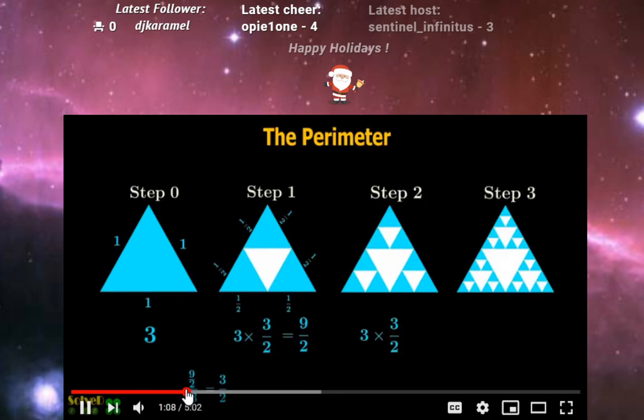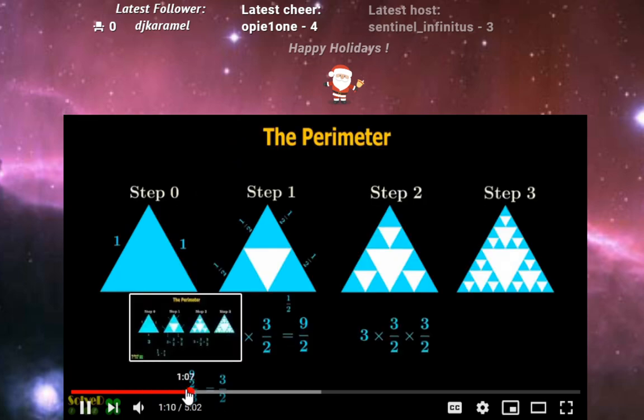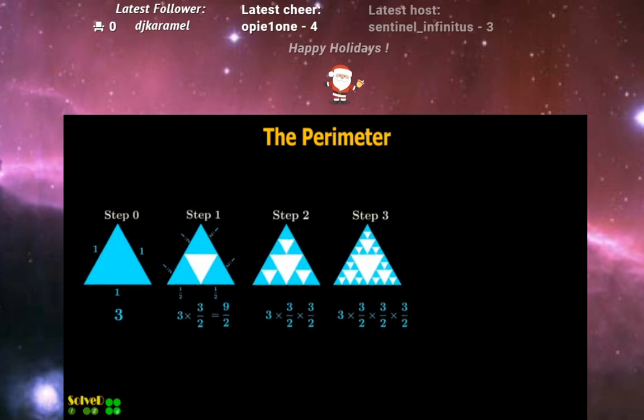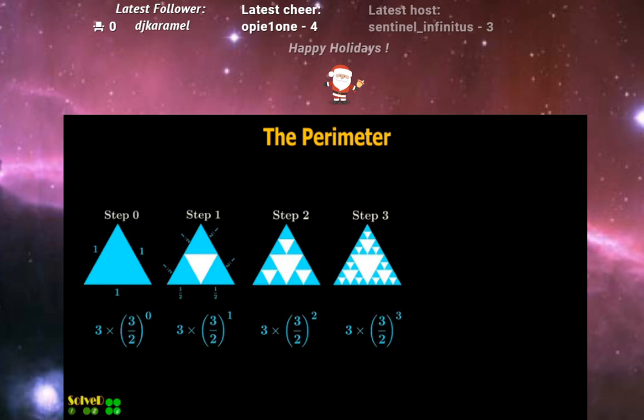So we can write these terms as multiples of 3 by 2, as shown. Finally, for the step n, here is the perimeter of all the blue triangles.